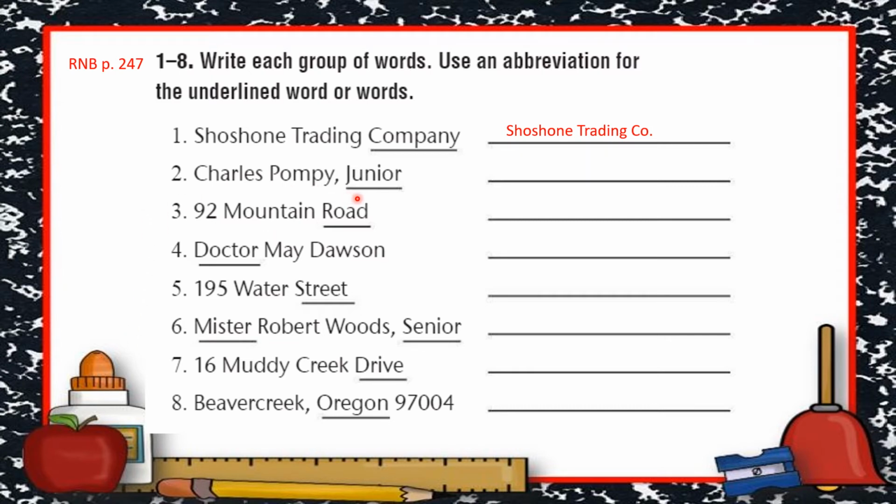How do you abbreviate Junior in Charles Pompey Jr.? What about 92 Mountain Road? Dr. May Dawson, 195 Water Street, Mr. Robert Woods Sr., 16 Muddy Creek Drive, and Beaver Creek, Oregon, 97004.